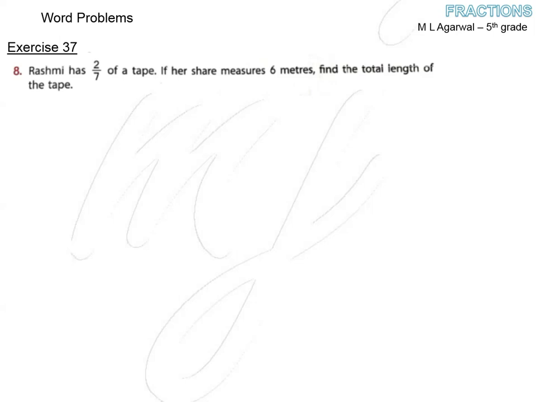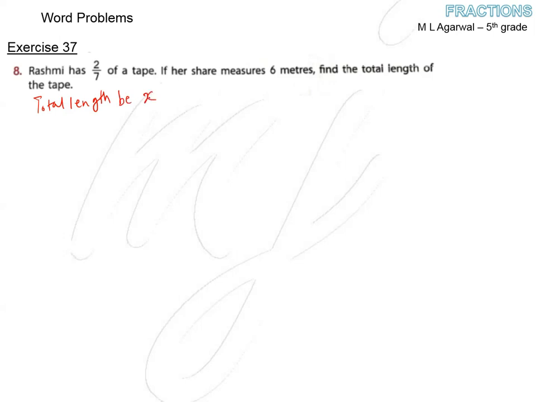If you remember in that 5 point how to solve a word problem, the second slide was you have to use a variable. So I will say that let the total length of the tape be, because I have to find the total length, x.